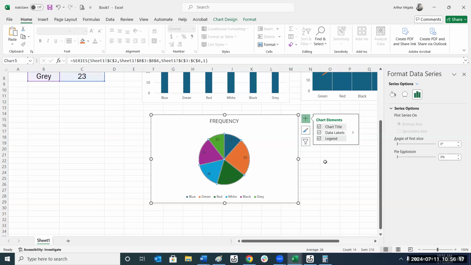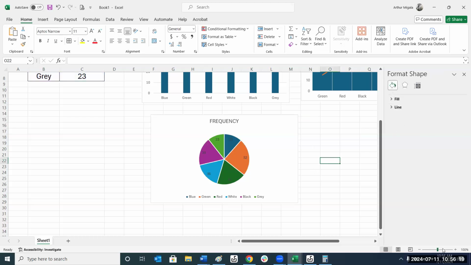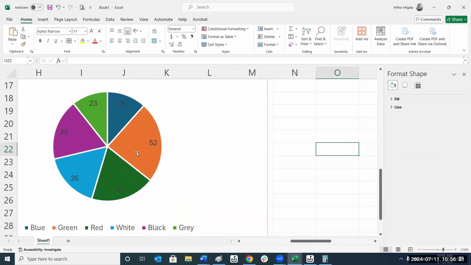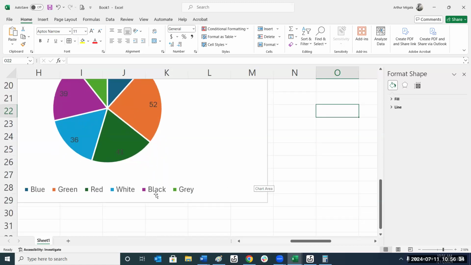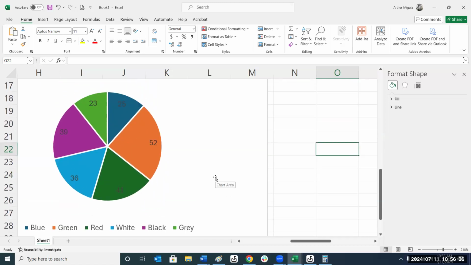There you go. Now, if you zoom into this, you'll see the percentage or how much each one takes. There's 52 there, 41, 36, 39, 23. And the legend down here tells you what those represent.